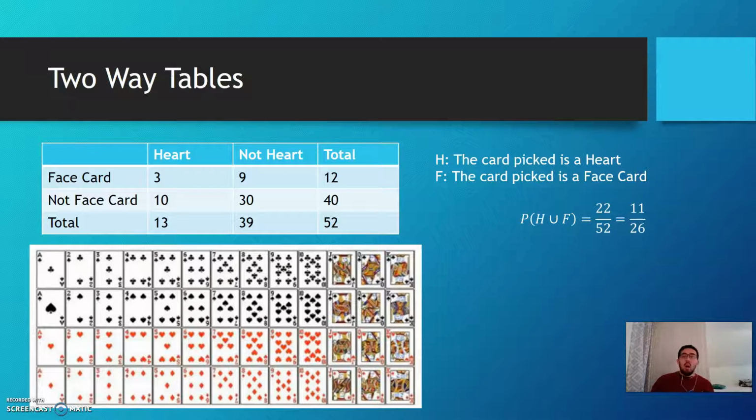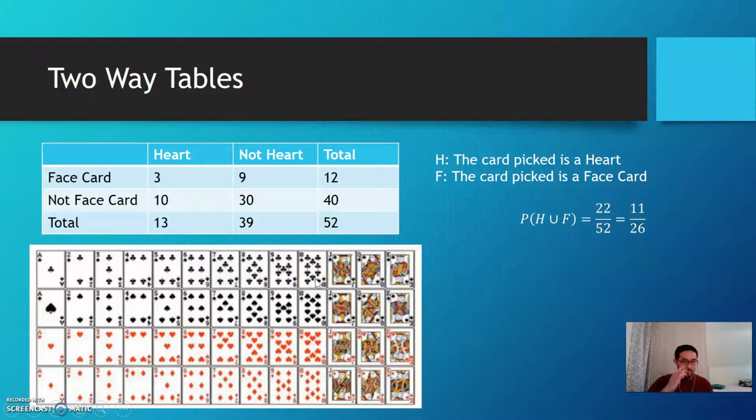Union is defined with a U. So the probability of heart or face, that's what? 22. Now, where did I get that number? Heart or face, well, that's this 3 plus this 10 plus this 9, which is 22 over 52. Done.